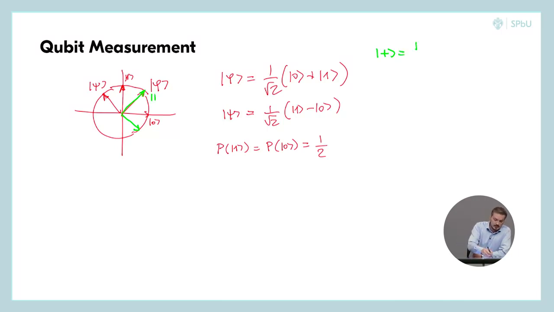It is this vector, and it's actually the same as vector phi. And vector minus, which is here, is this.